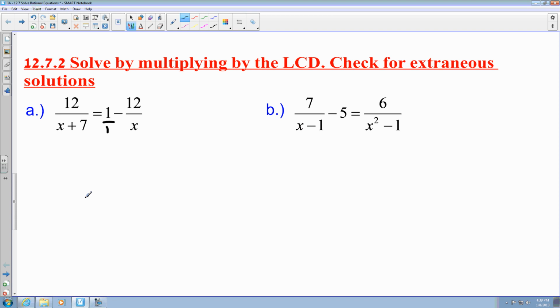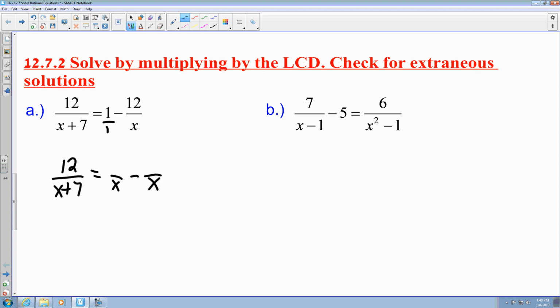So I'm okay on the left hand side, so I can rewrite this as x plus 7 equals, now what will give me a common denominator is I can multiply both denominators together to make them the same. So 1 times x leaves me with x. So my common denominator is going to be x.